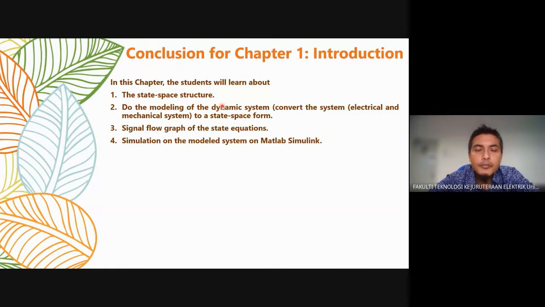Number 3, you will learn about the signal flow graph of the state equations. If these words are not familiar yet, hopefully by the end of this chapter you will understand all of them. And finally, you can do the simulation of the modeled system.